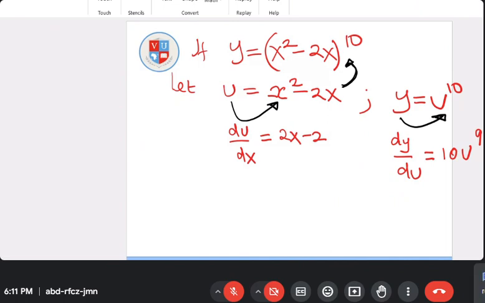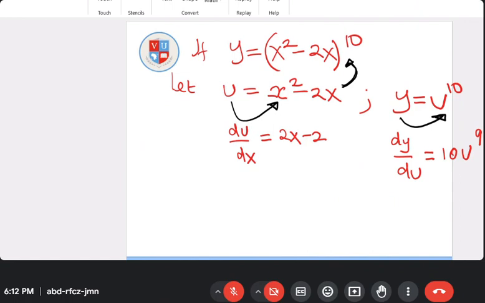Excuse me, sir. I'm asking on this chain rule: if the function is a fraction, how do you go about it? Give an example.